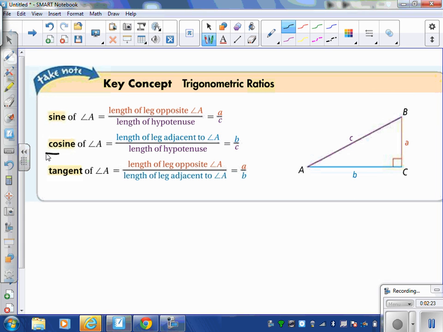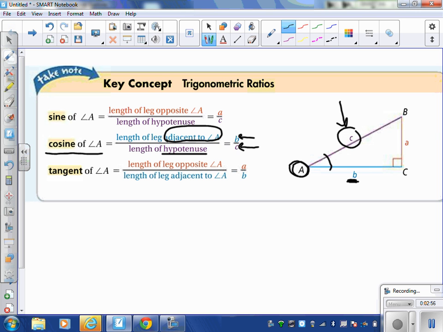Now, if we look at cosine of angle A, that is the length of the leg adjacent to angle A. Here is angle A. Adjacent would be side B, which would be on top, over the length of the hypotenuse, which is C, on the bottom.